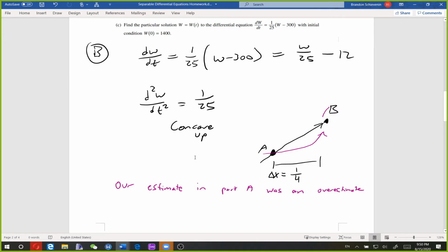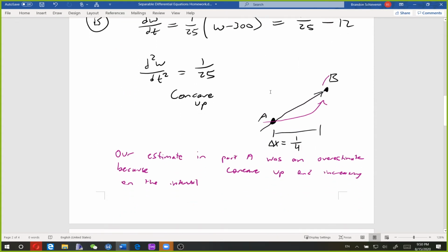I'm just going to write: our estimate in part A was an overestimate because we were concave up and increasing on the interval. More specific than that, not we were, but our function.